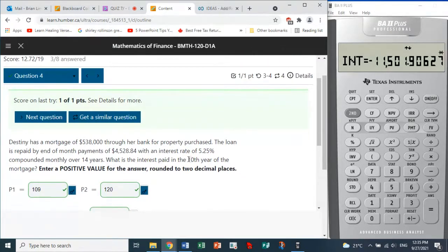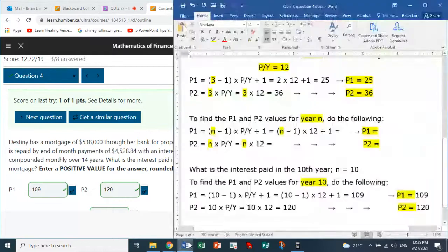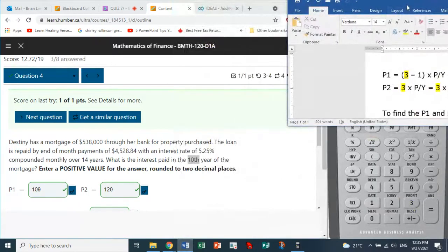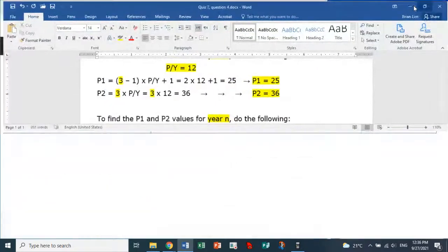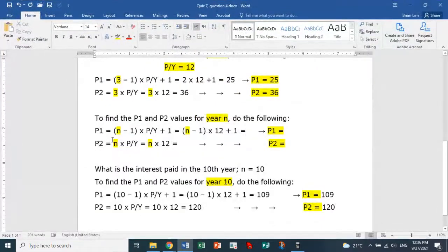So the 10th year, it means that we go here as we did, as you saw. Oops, sorry. Let's enlarge it and then we can see it properly. The 10th year, we go into this formula here and we substitute 10.